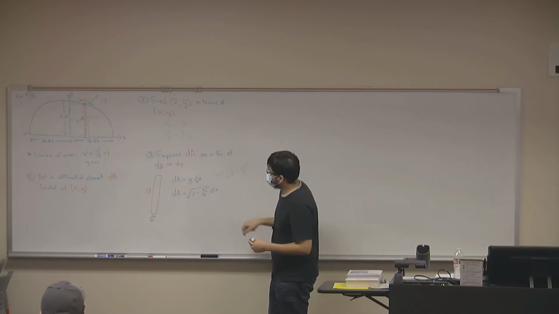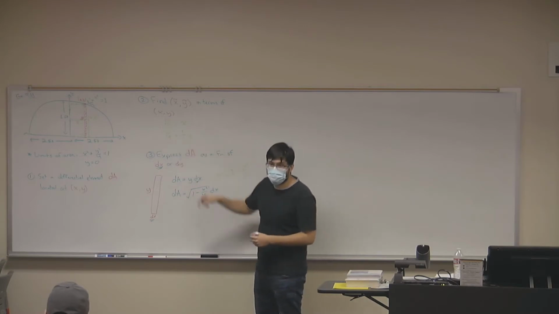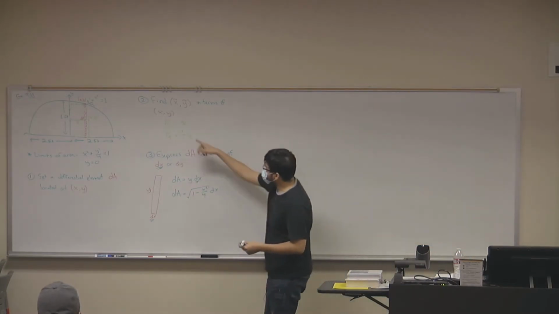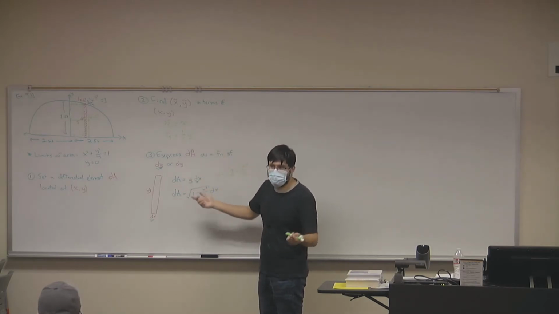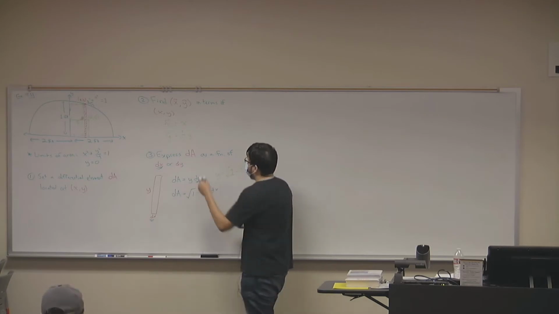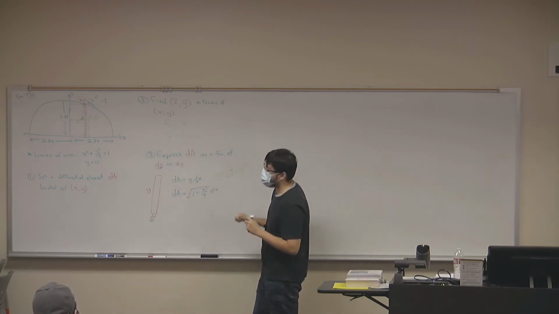Because of that, I know that I will be integrating with respect to x. And if I'm integrating with respect to x, I can express these centroid equations always in terms of x. So I get that x squiggly equals x. I don't have to do anything there. But I get that y squiggly equals 1/2 y. However, I'm not going to integrate over y, right? I want to express it as a function of x.